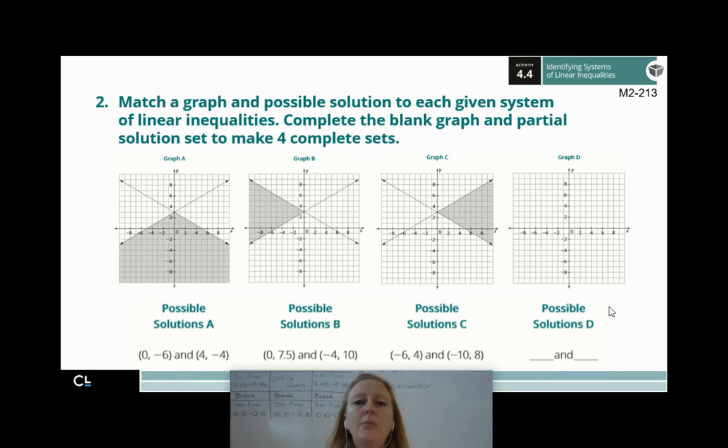I would like you to match the graphs and solutions to each system, and then, of course, complete the blank graph and partial solution set to make the 4 sets complete. Go ahead, hit pause, do a big matching game along with our systems earlier, and then hit play when you're ready to check your work.